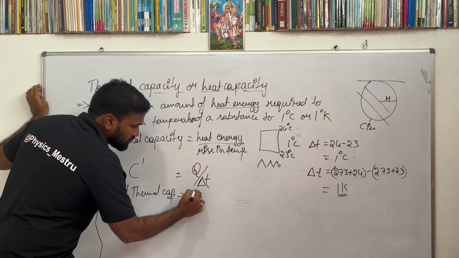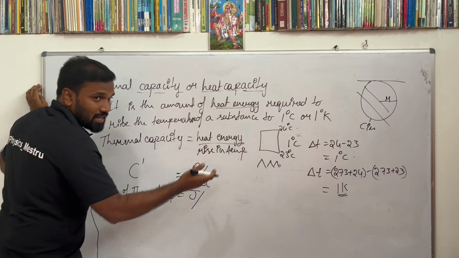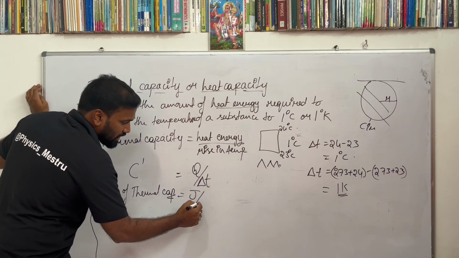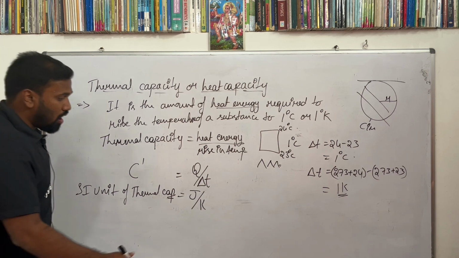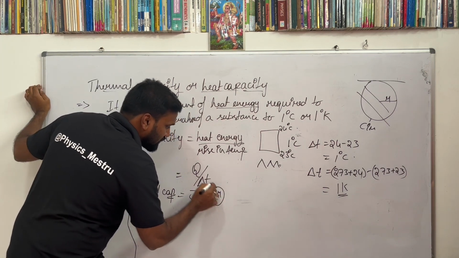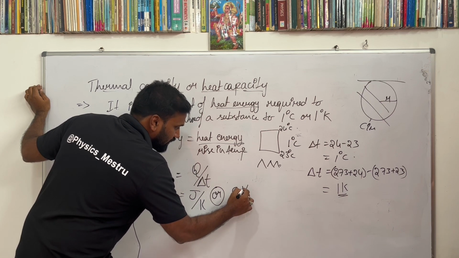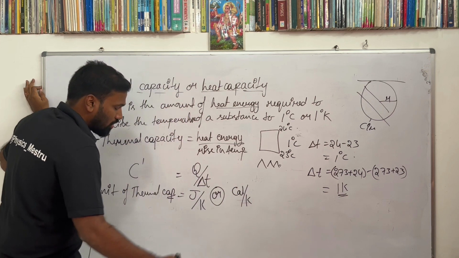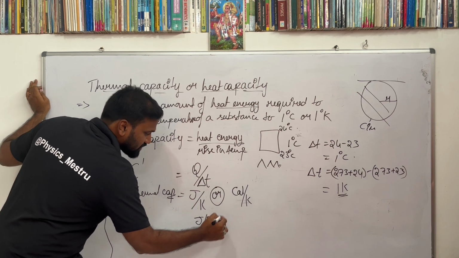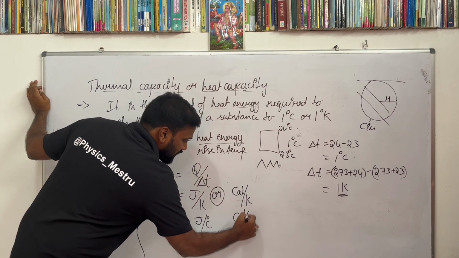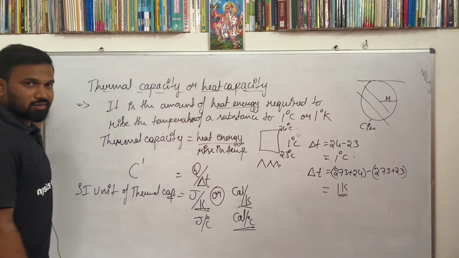The SI unit of heat energy is joules. The unit of change in temperature can be degree Celsius or Kelvin. So the unit is joules per Kelvin, or if we take heat energy in calories, calorie per Kelvin, or joules per degree Celsius or calorie per degree Celsius. Whichever you take will be correct.